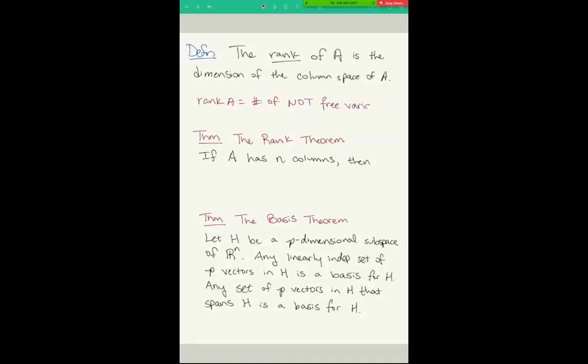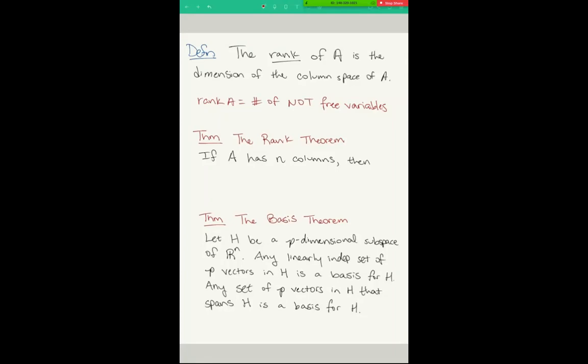Let's bring this together with what we just talked about for the null space. The dimension of the null space was the number of free variables, and the rank is the number of not free variables. Every variable is either a free variable or not. So if A has n columns, it gets brought together in something called the rank theorem.